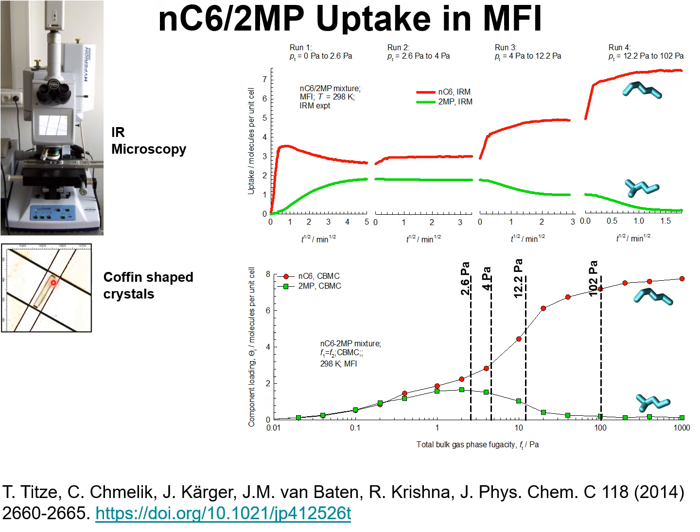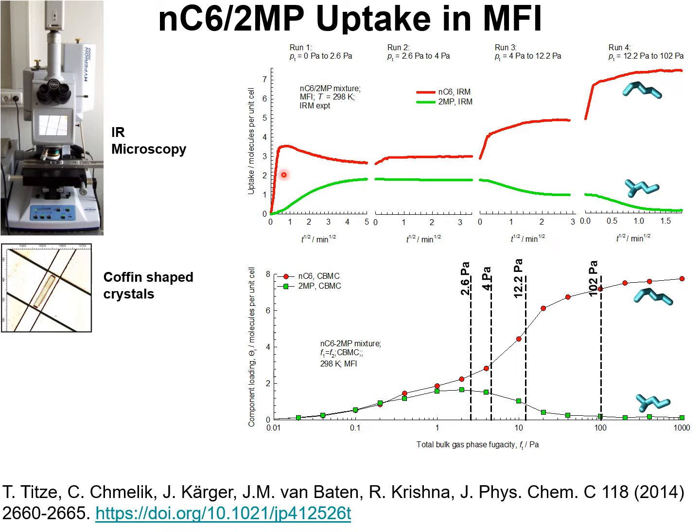Coffin-shaped crystals of MFI were exposed to a gas phase mixture containing equal amounts of the two guests, normal hexane and 2-methylpentane. And I show here 4 runs which were conducted consecutively.